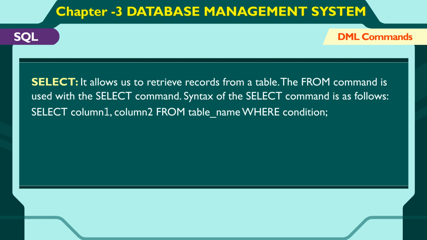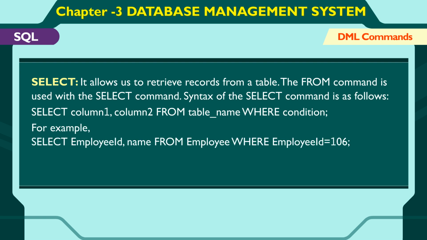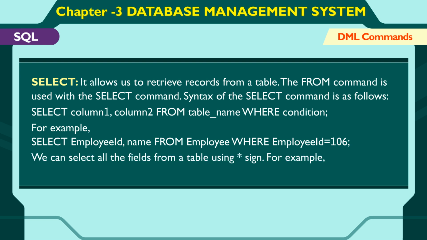Select column 1, comma, column 2 from table underscore name where condition, for example, select employee ID, comma, name from employee where employee ID equal to 106. We can select all the fields from a table using star sign. For example, select star from employee.